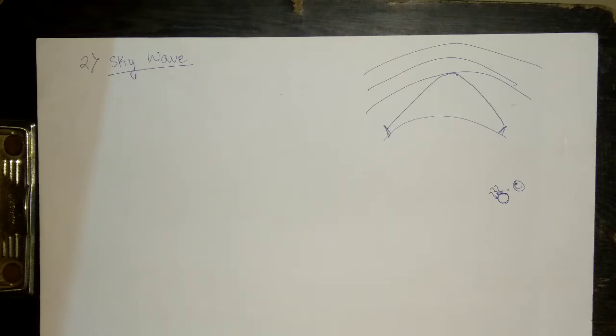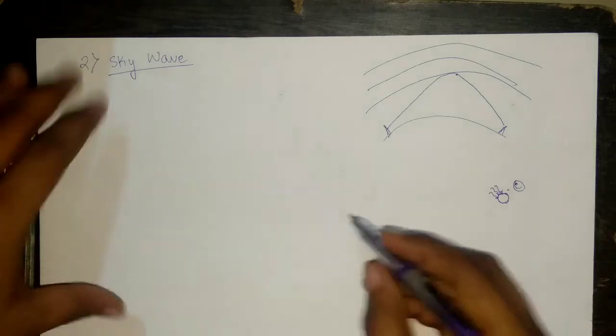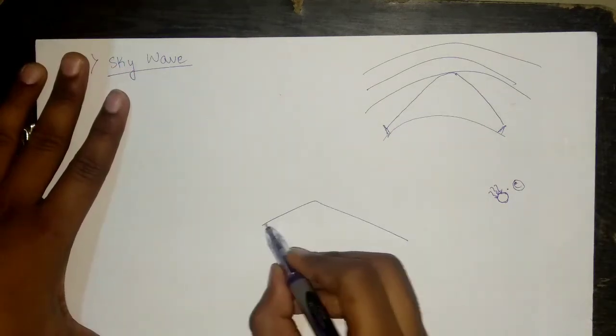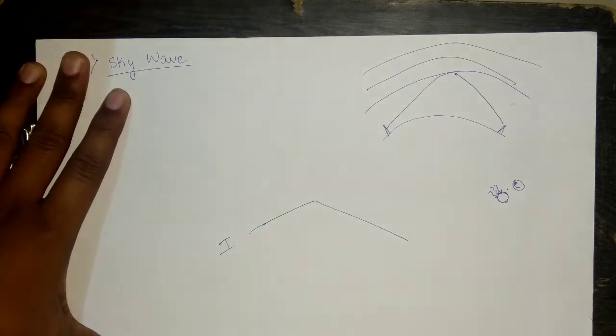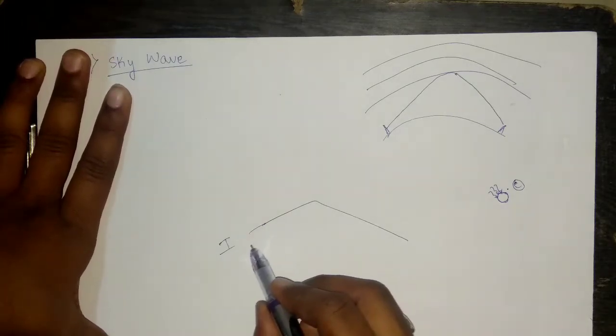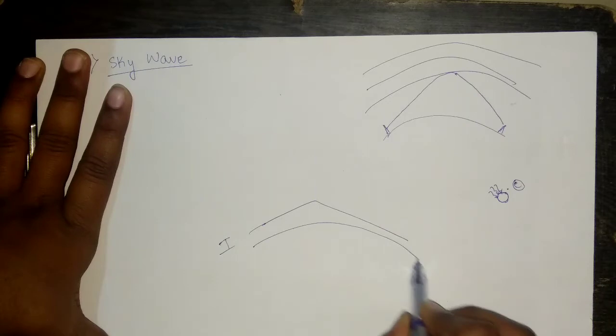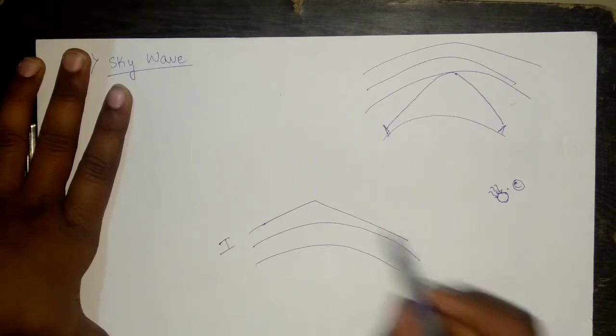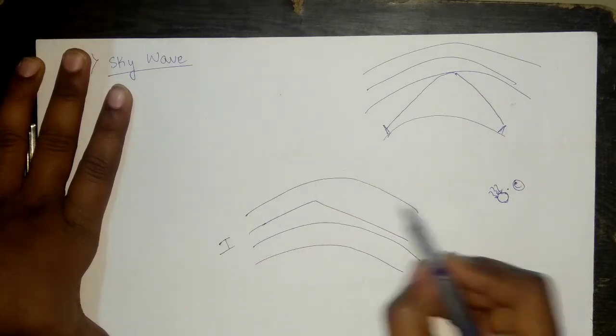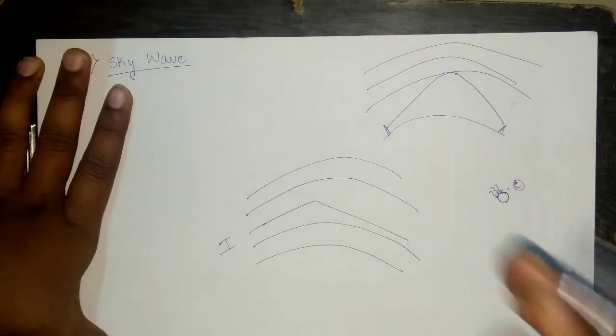But you may have a doubt: why is the layer above the ionosphere not ionized? Because there are also molecules above the ionosphere. See, this is the ionosphere, and there are layers below the ionosphere and also above it. Now what happens?